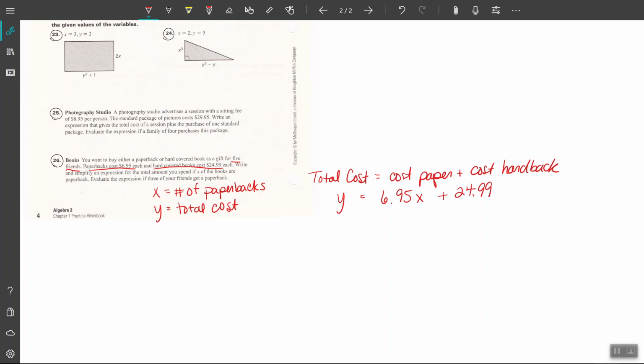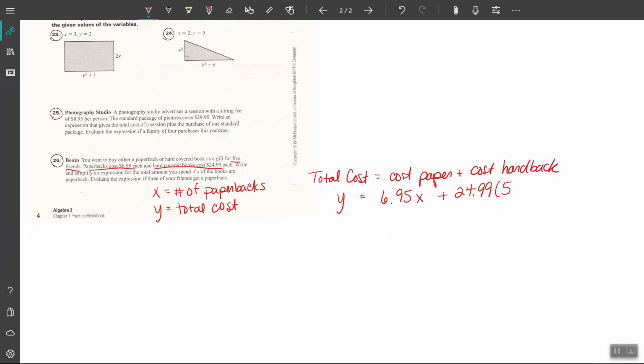They haven't told us yet whether you're buying 1 paperback and 4 hardbacks or 2 paperbacks and 3 hardbacks. That information hasn't been given to us. That's what we're going to determine in the second part. But we do know you're only buying 5 books.